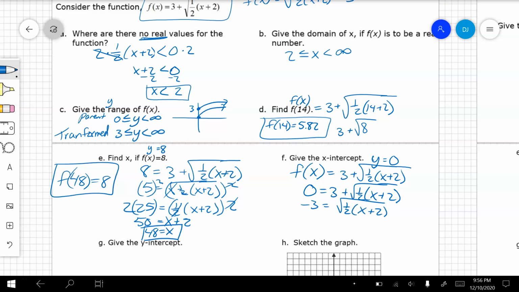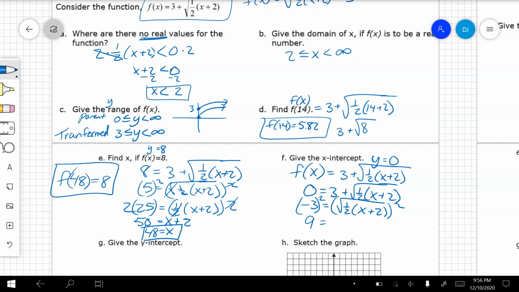All right, now at this point, we would take a look at a square root equaling a negative number. Can a square root, the whole thing inside the radical, equal a negative number? No, it doesn't work. I can tell you that right now, because when we do this step and we square both sides, this is going to become positive.